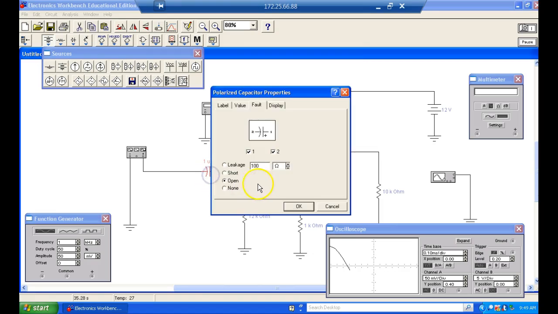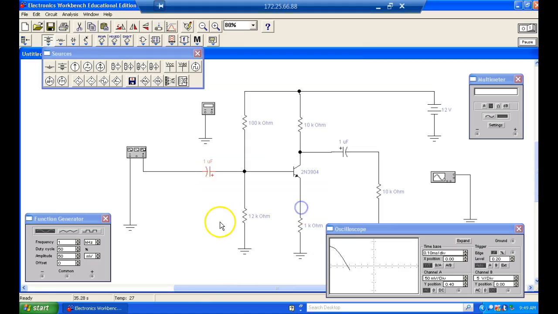So what should happen if we short this sucker? So what's my base voltage going to go to? My DC bias voltage. Is this going to affect the bias voltage? What's this going to cause my base voltage to go to? No, when it's short, it acts like a piece of wire.